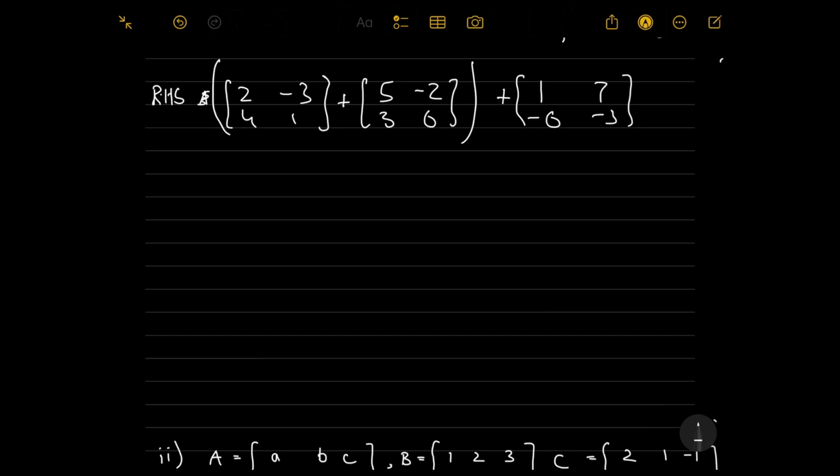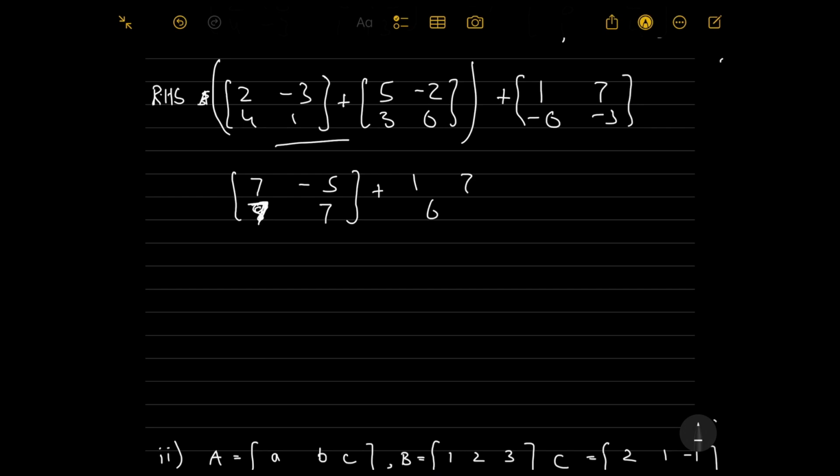Solving this further, first solve these both here. Let me just go a bit direct. So 2 plus 5 is 7, then minus 3 plus 3 is 0, 4 minus 3 is 1, and 1 plus 6 is 7.